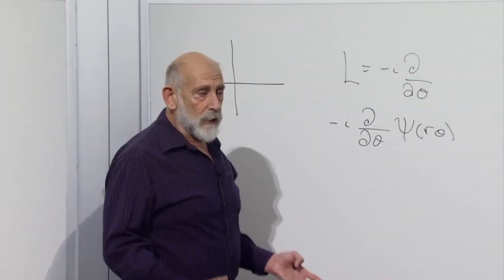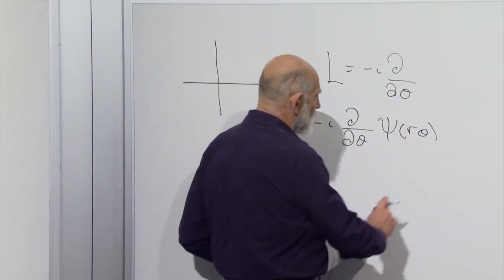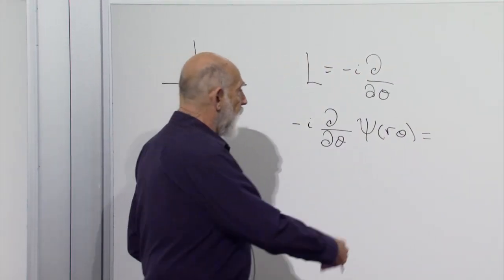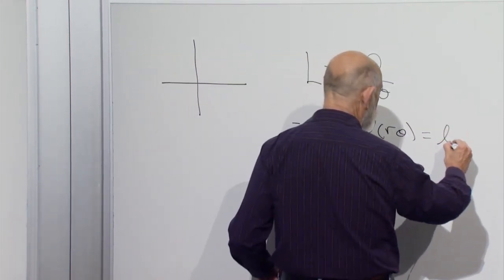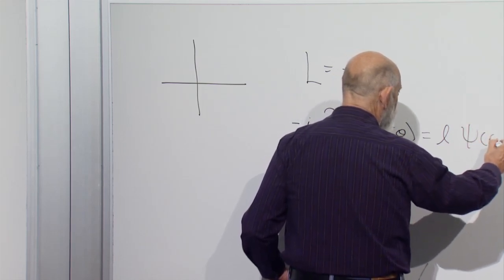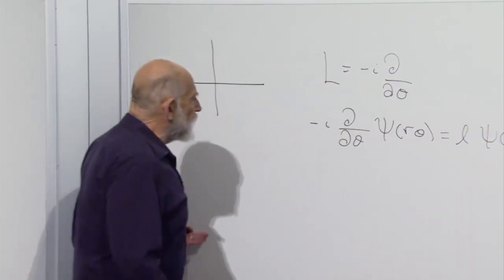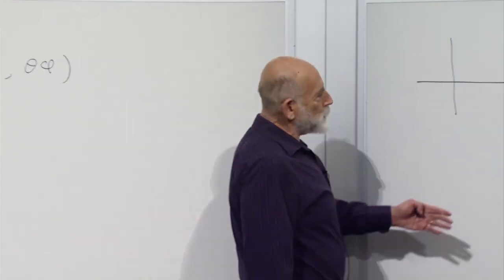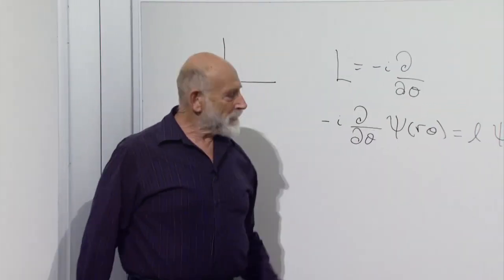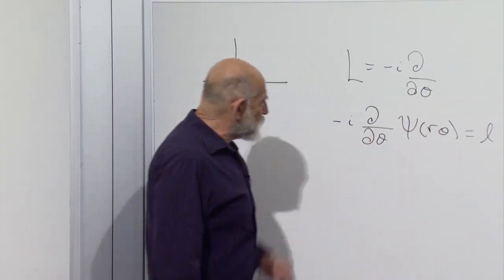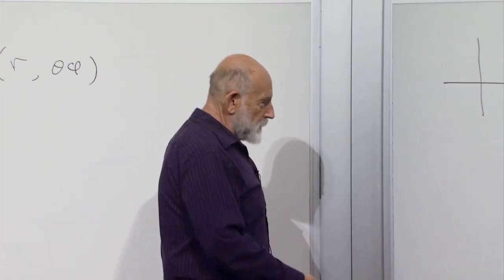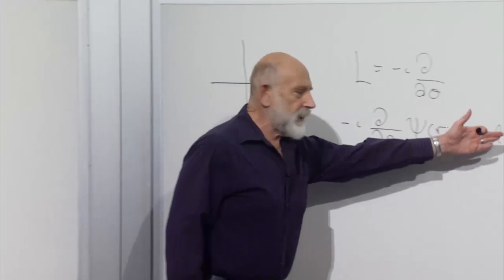And if we're looking for an eigenvector of the angular momentum, we want to set that equal to a number, the eigenvalue, L times psi of r and theta. It's a little differential equation, and it doesn't really depend on r. R is just a spectator here. The derivative is with respect to theta, so this equation is about the theta dependence, and it doesn't care about r.